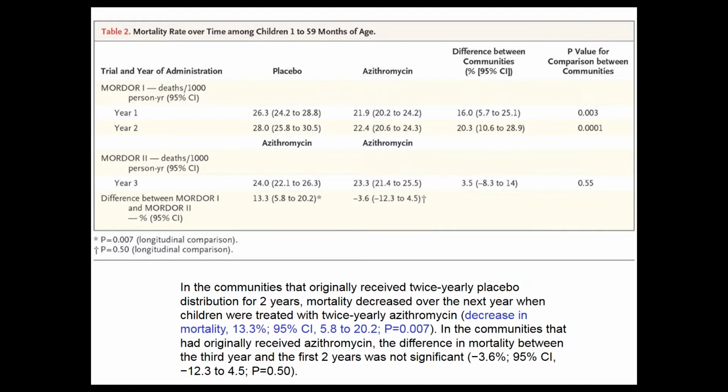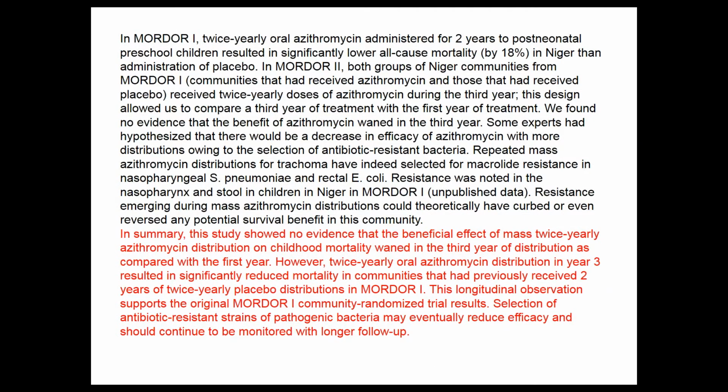So there was a decrease in mortality in Mordor 2, and that decrease is 13.3%, which is statistically significant, but that's not what happened in the first study that I showed you. So I'm not certain how to interpret this.